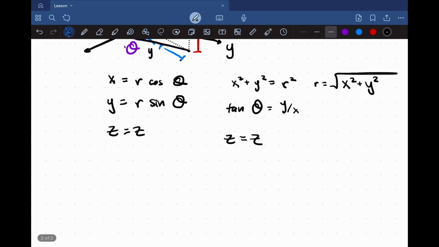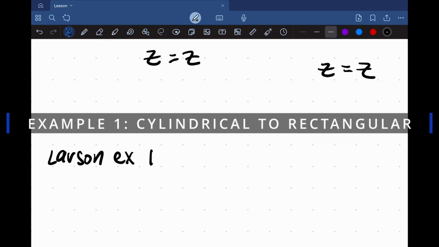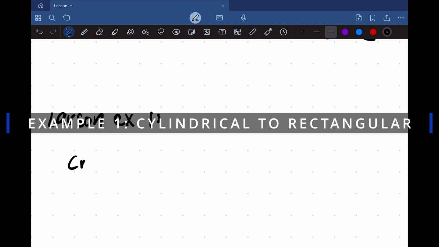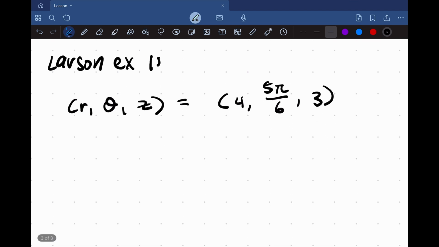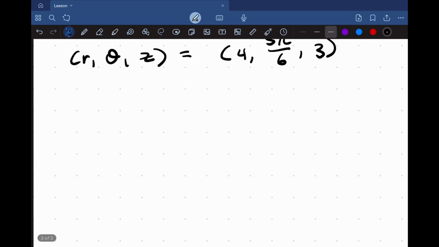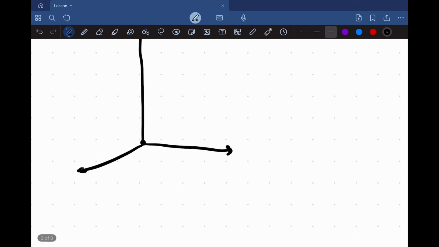Let's do an example from Larson, example 1. Let's go straight to converting r, theta, z, defined as 4, 5 pi over 6, and 3. Before we do anything, let's graph it to see where this really is. Drawing a coordinate system, we first define r and theta.